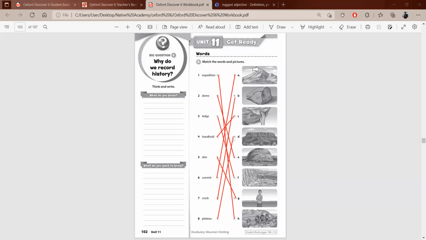It's flat, Luay. You can see here that the land is flat. It's even. So it's a flat land which is higher than the land around it. Okay, Luay.